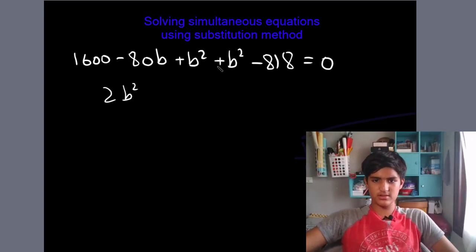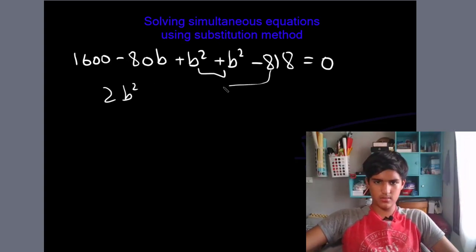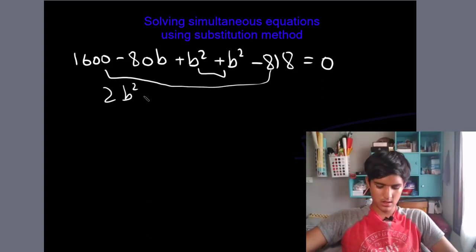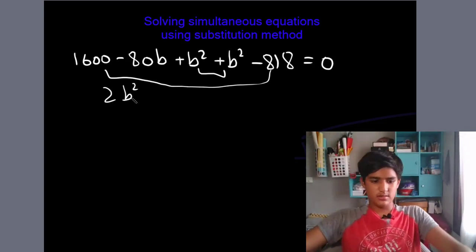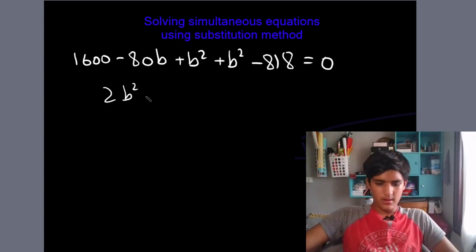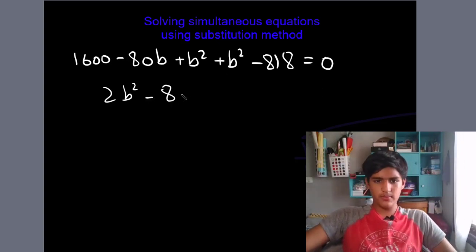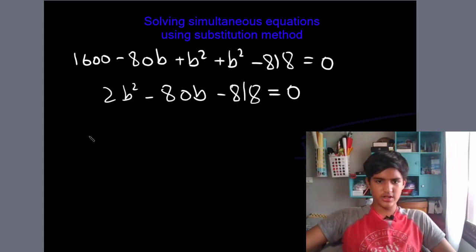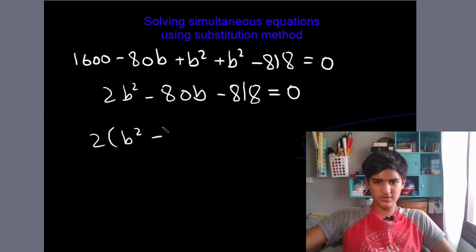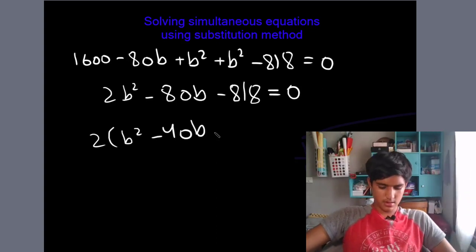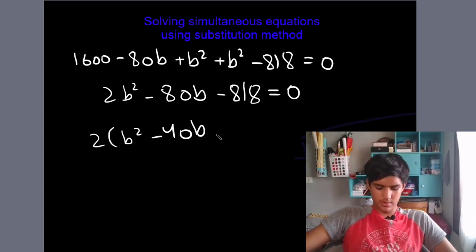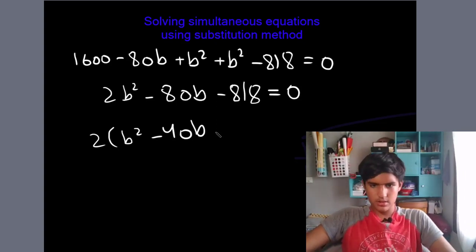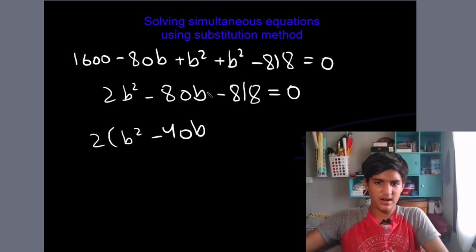So if we sum up these two and these two, we get 2B square minus 80B minus 880 is equal to 0. We're going to take two common, so B square minus 40B, well, this is not 818 anymore, sorry.